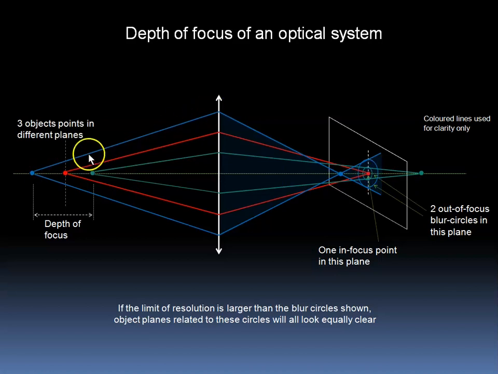Because the divergence of the light coming from the 3 different object points is different, they end up in different places as image points. There's only one of these in focus, but the other 2 have formed blur circles in the plane of interest.